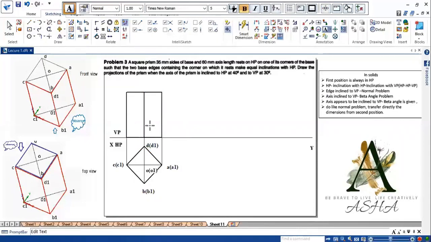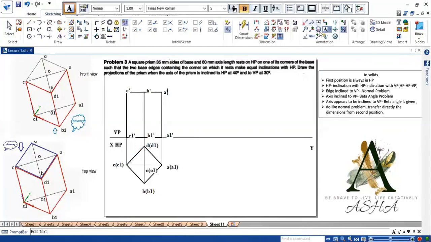Now on the right, the bottom is always C1 dash, and the top surface is C dash. Here B1 dash, B dash, again A1 dash and A dash.